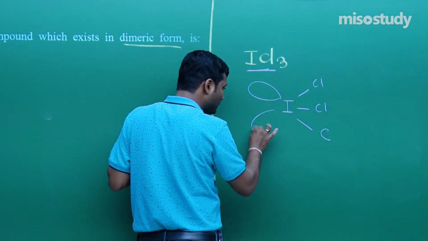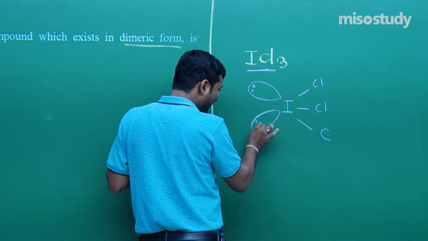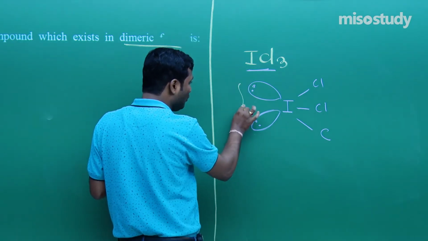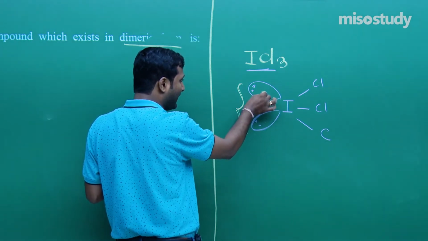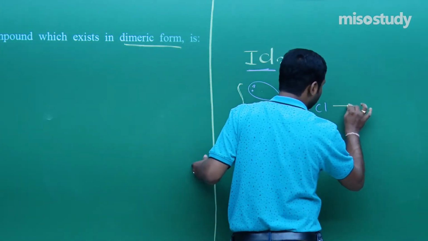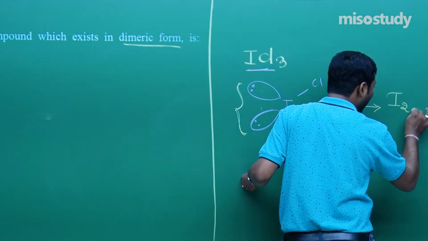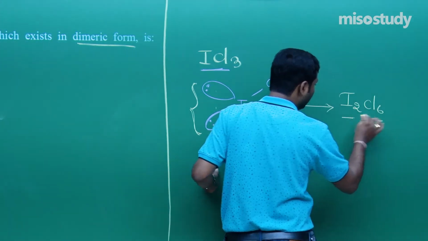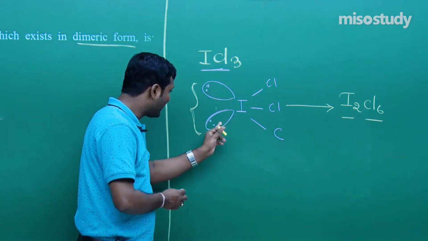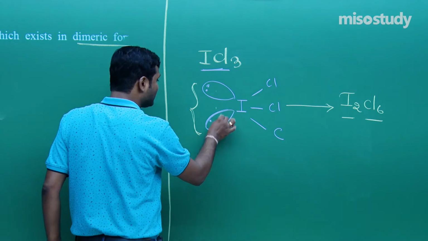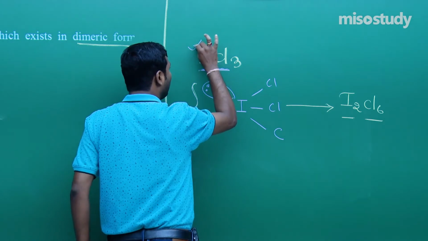Due to the presence of the lone pairs, to minimize the interhalogen repulsion, it dimerizes and exists as I2Cl6. To minimize the electronic repulsion between these lone pairs, they exist in dimeric form.